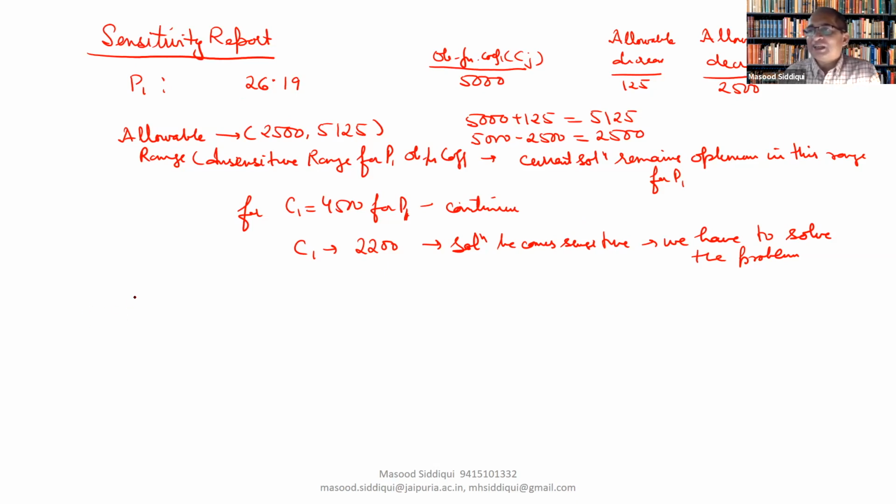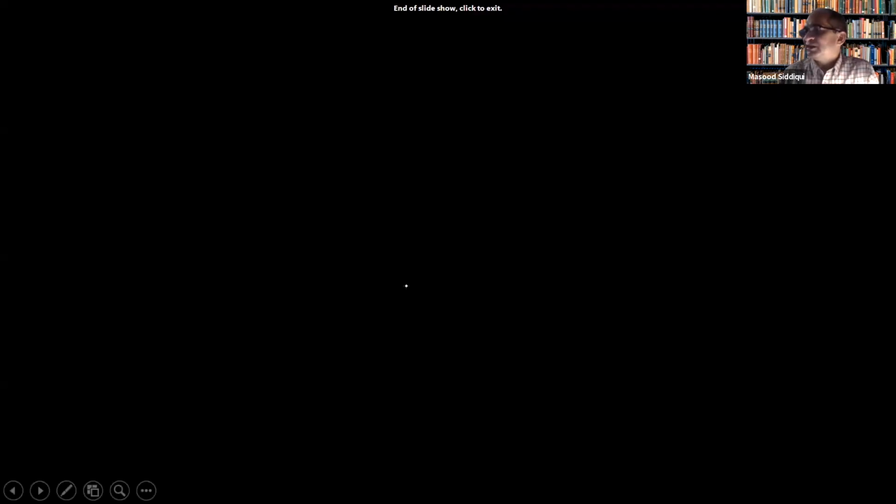In the same manner, we can do this for product two also. The recommended solution is 54.76 units and the objective function coefficient was 2000. The allowable increase was 2000 and the allowable decrease was 100.